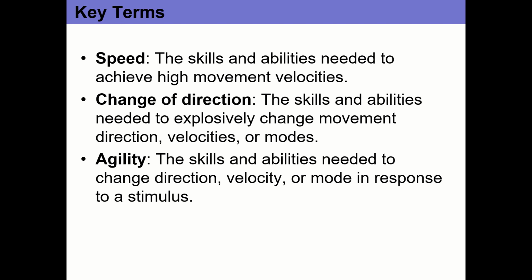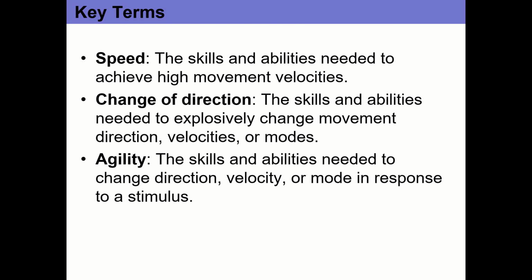So not sprints of 10 yards, because that's really an assessment of acceleration, but sprints of more like 40 yards or 60 yards. Those are good assessments of speed. You should be hitting top speed or pretty close to that by that 40 to 60 yard range. So speed then is your maximal velocity, and so to assess it, again, you kind of need those. They're short sprints, but again, like that 40 to 60 yard range will assess speed.